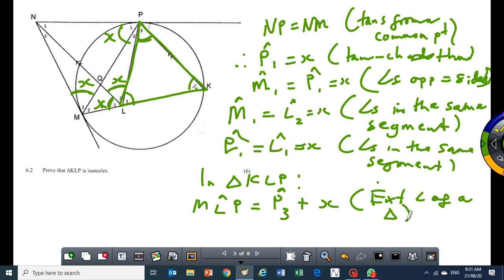So this one here is 2x. So I can say P3 is equal to 2x minus x, which gives me x.